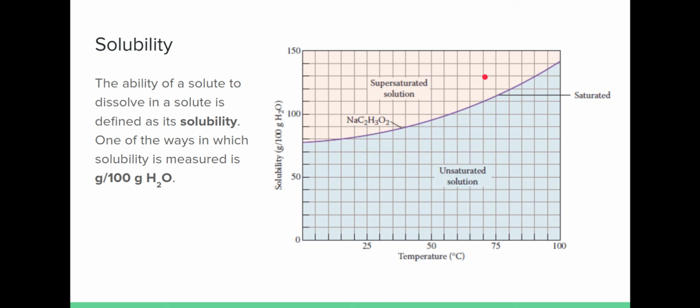If a solution has more of the solute dissolved than what the saturated line would predict, we say that solution is supersaturated. Supersaturated solutions are extremely unstable and will spontaneously crystallize if they're disturbed, shaken, or if dust gets into them. So supersaturated solutions can be created, but usually they're very unstable.